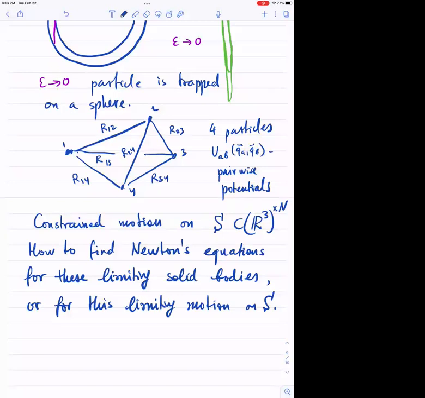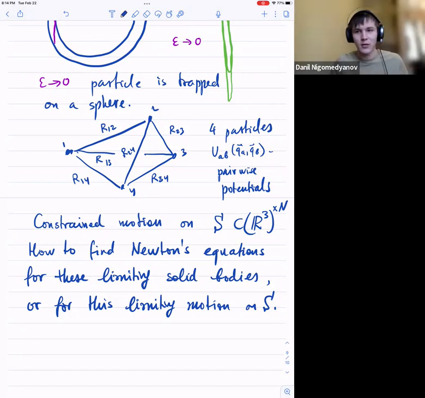I have a question about the n particles mathematical model. Is it possible to generalize it to the infinite number of particles in such a way that only a finite number of particles could interact?